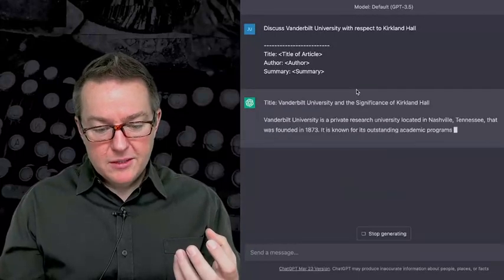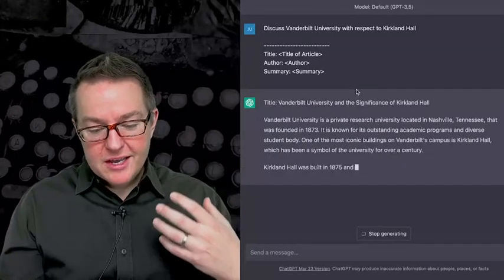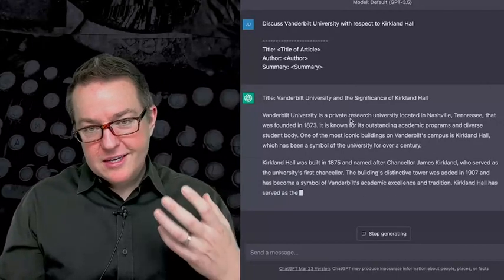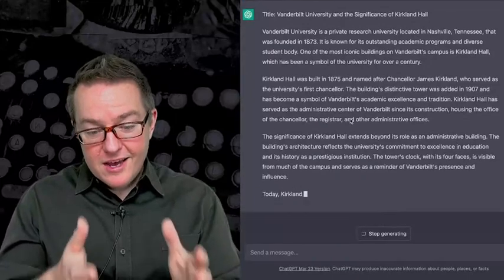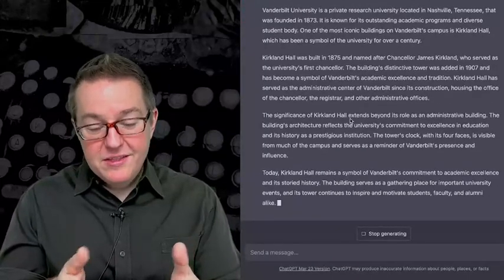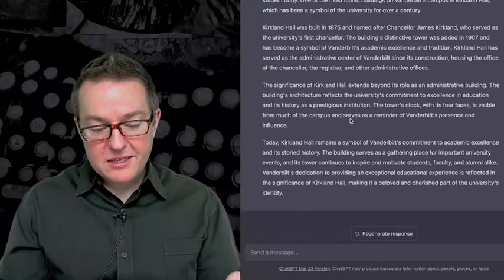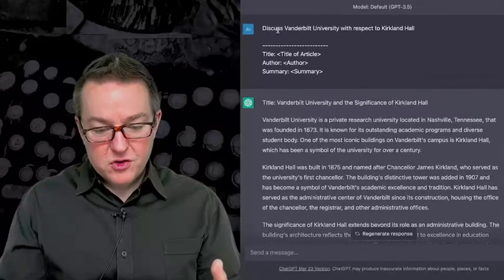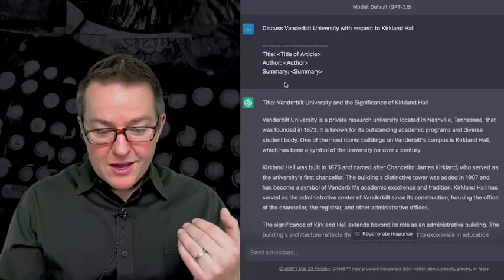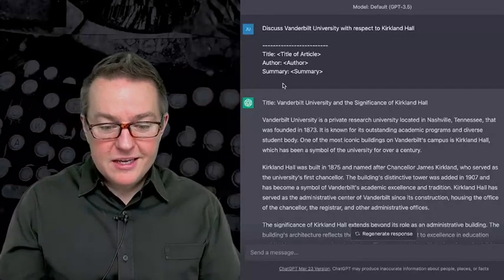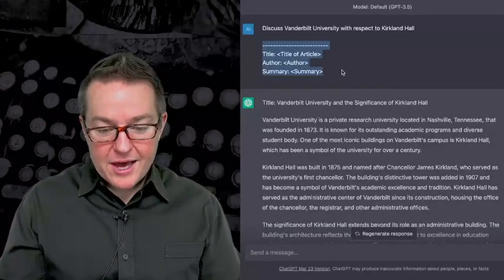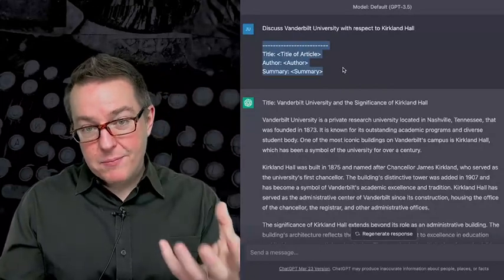So now what I've done is I've provided it some structure. Now it hasn't followed my structure exactly, and this is actually a failing in my prompt. I haven't quite thought of the right structure, but I've gotten pretty close. So I influenced the output and the structure of the output by giving it additional pattern in my prompt itself.